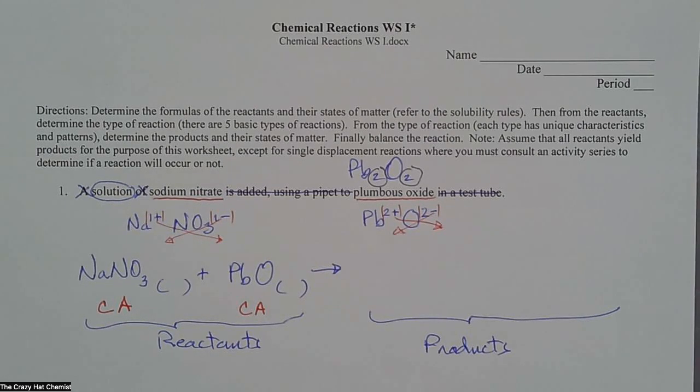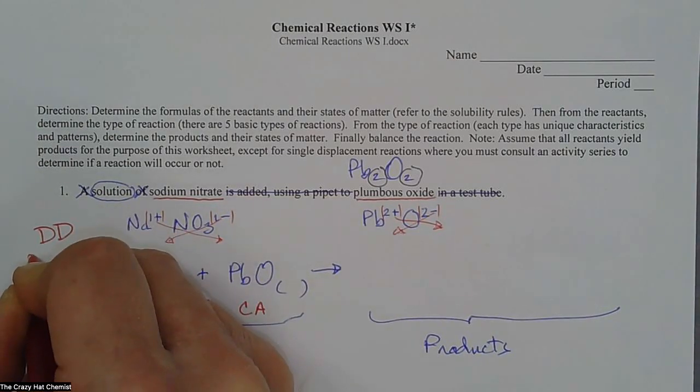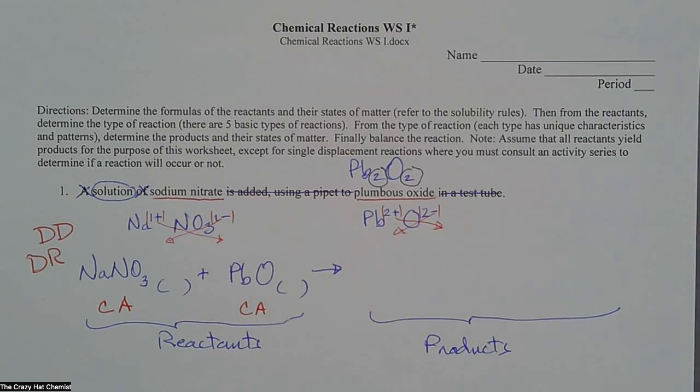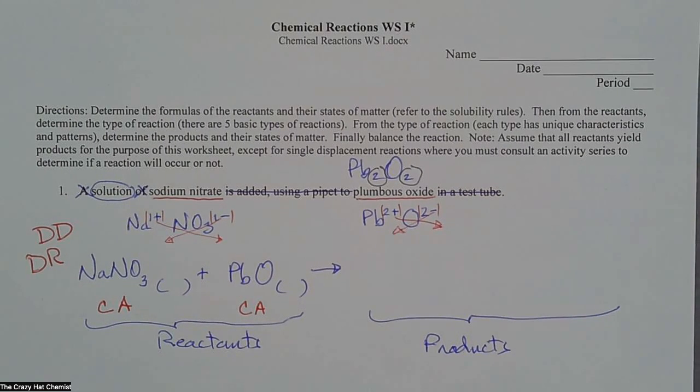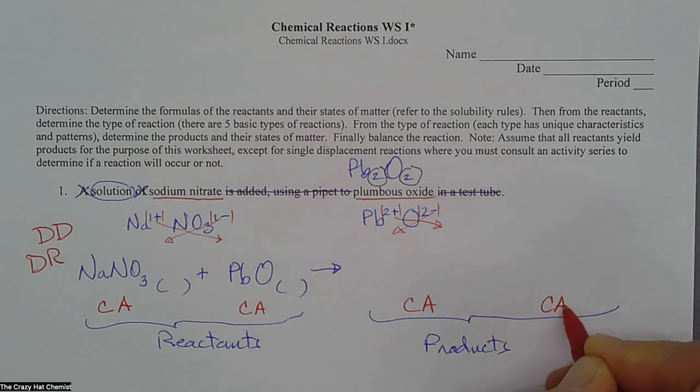This is characteristic of what's called a double displacement or a double replacement reaction. So I'm going to write DD or DR here off to the side. So it's a double displacement or a double replacement, okay? With a double displacement or a double replacement reaction, you're going to also, on the product side, have the following pattern of a cation anion and a cation anion.